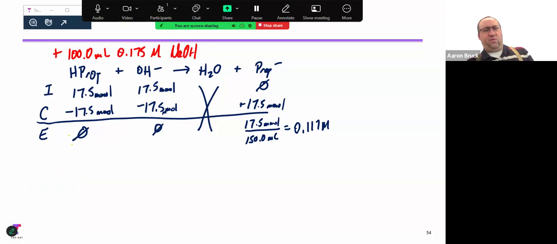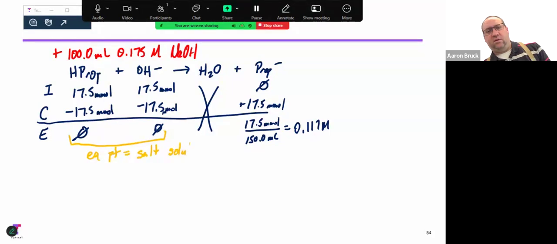So at this point, we would have to recognize I have no acid, I have no hydroxide, I only have the conjugate. I'm at the equivalence point, and at the equivalence point, I'm dealing with a salt solution.